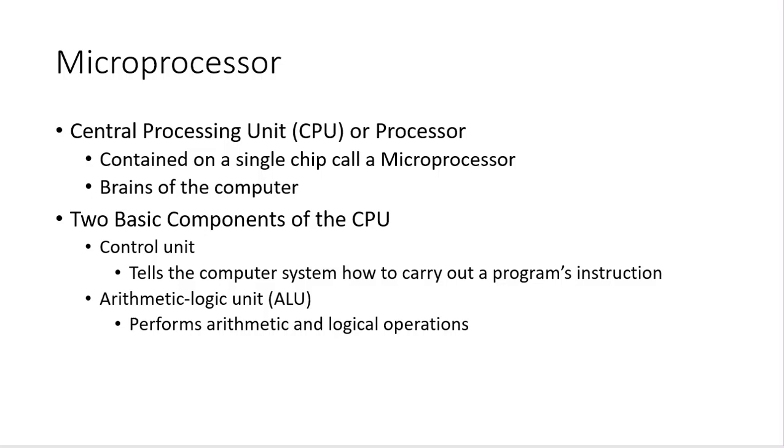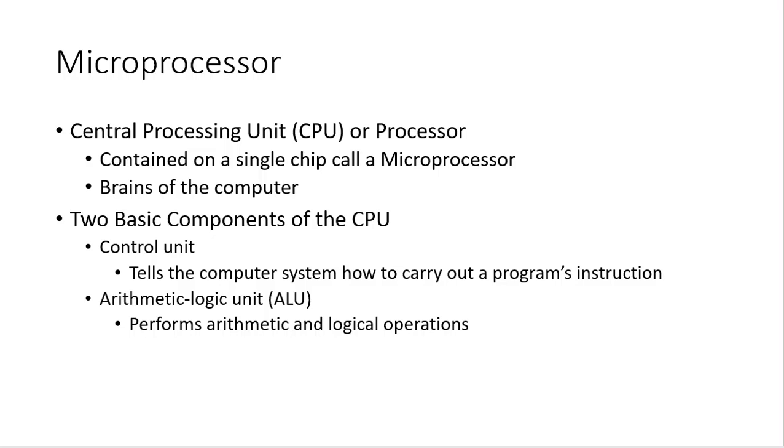Okay, so there are two basic components of CPU. So CPU ni pecah lagi dua, dia punya basic components. Dia ada control unit and ALU, arithmetic logic unit. Okay, so control unit, the function is to tell the computer system how to carry out a program instruction, whereby for ALU perform arithmetic and logical operation.